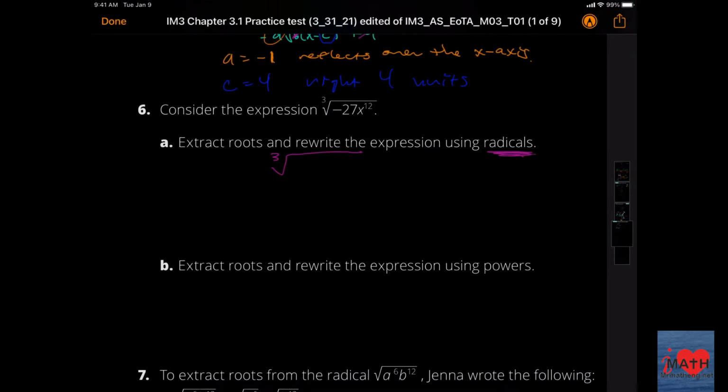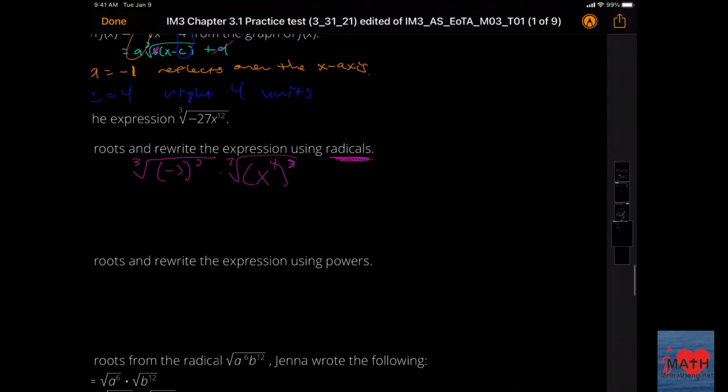Okay, so let's write that. Negative 3 to the 3rd power times. Now, how can you write x to the 12th, and I want it to have a 3 there? Well, in powers, exponents, it is 4. Because if you wrote it out 3 times, does this make sense? Then each is just 4 x's.